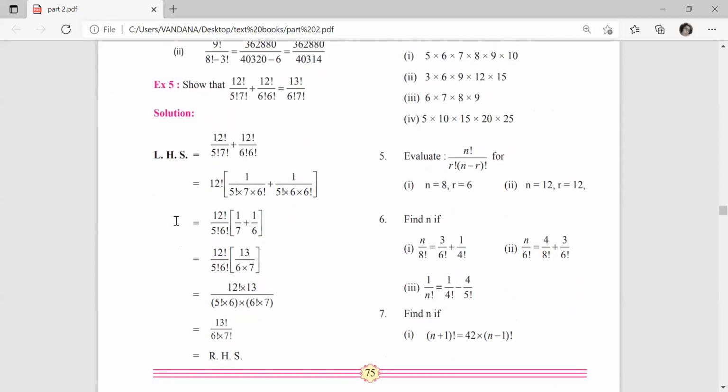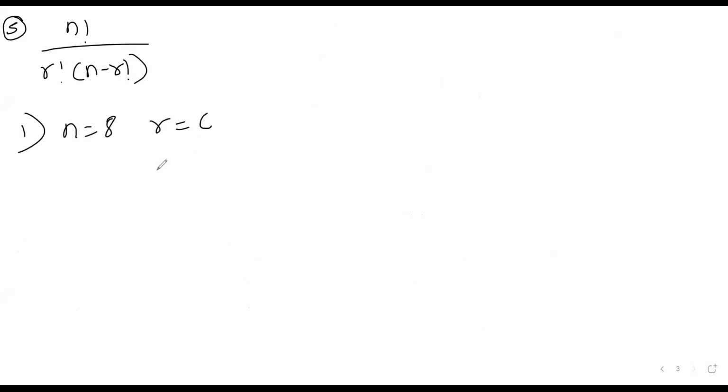Now they are saying evaluate n factorial upon r factorial, n minus r factorial. Question number 5. To evaluate n factorial upon r factorial, n minus r factorial. For the first one, n is 8 and r is 6.